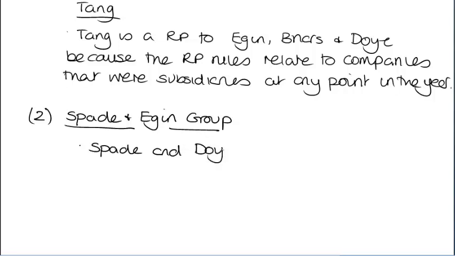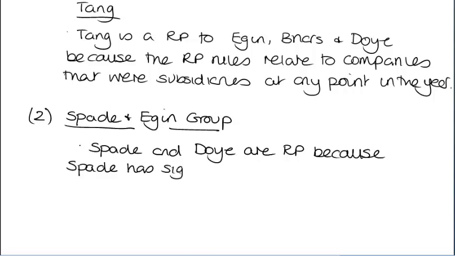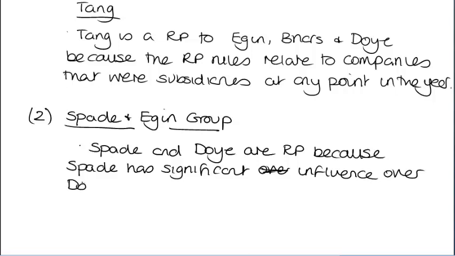Spade and Doyle are related parties because Spade has significant influence over Doyle. It says that in the question.